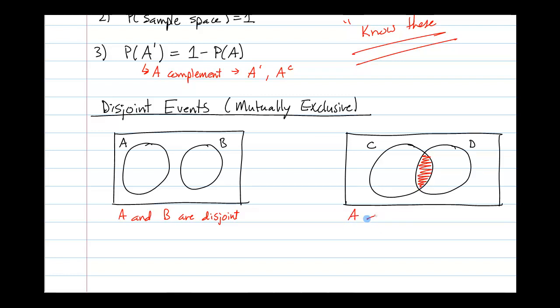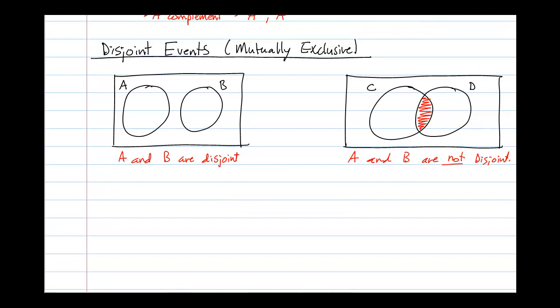So in this case, C and D are not disjoint. They have outcomes in common. So first of all, when we talk about disjoint events, basically disjoint events can never happen together. They can have no outcomes in common.